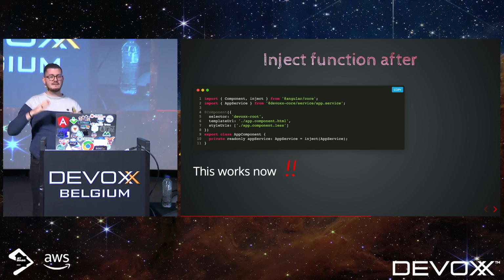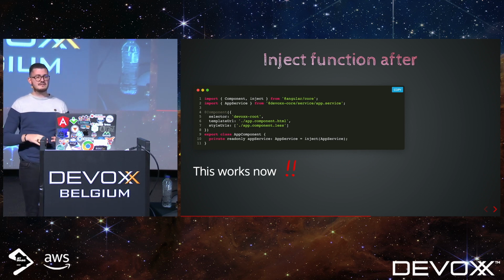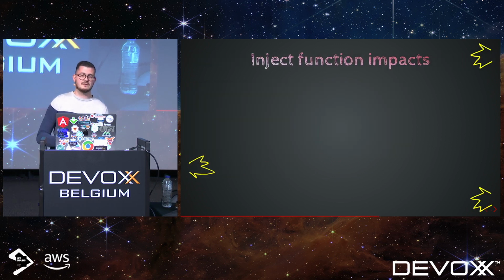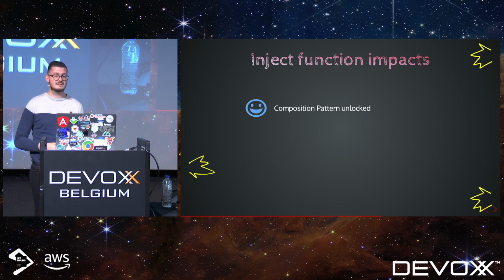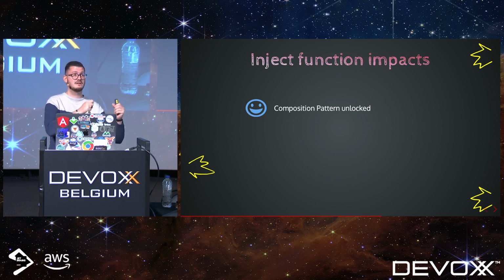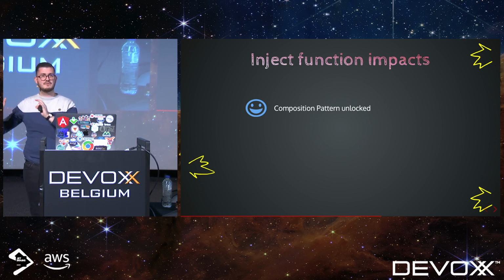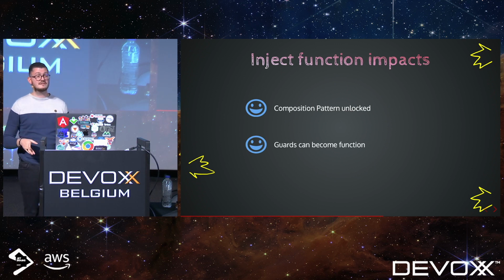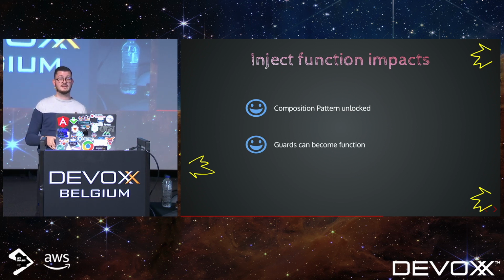So you can use this function in a component. And this is great because it unblocks two things. The first one is the composition pattern. Composition is unlocked because now we can use the inject function outside an injection context, so you can create a helper file if you want. And the second thing is that a guard can become a function, and this is cool.